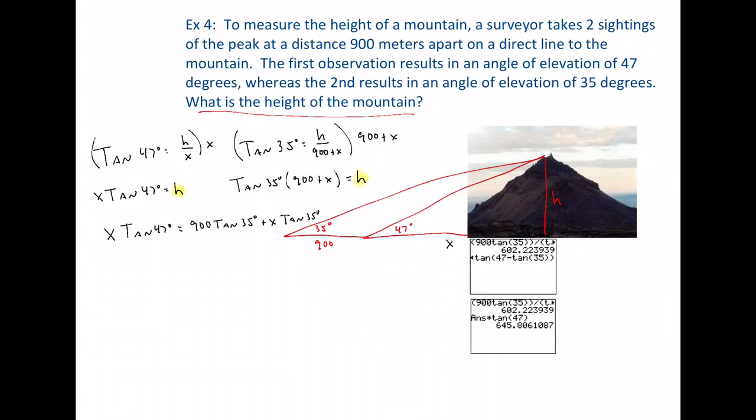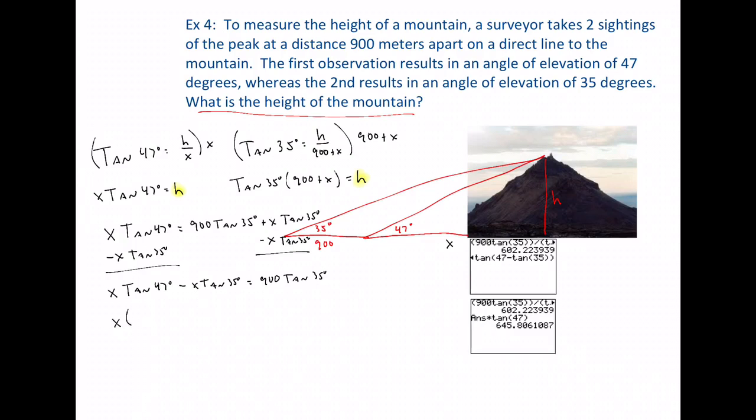We want to get the x's on the same side, so we're going to subtract x tangent of 35. Now you're not able to subtract these, they're not like terms, so you're going to have x times tangent of 47 degrees minus x times tangent of 35 degrees is equal to 900 tangent of 35 degrees.